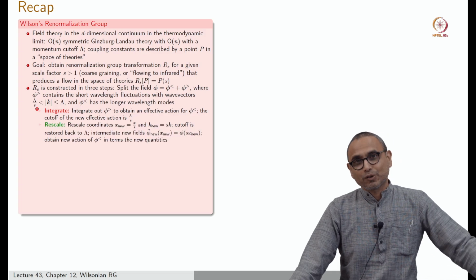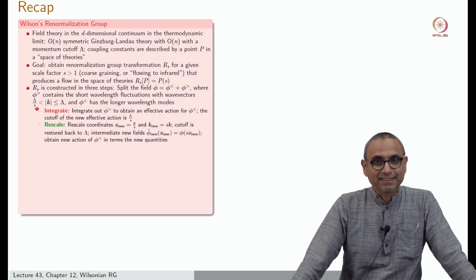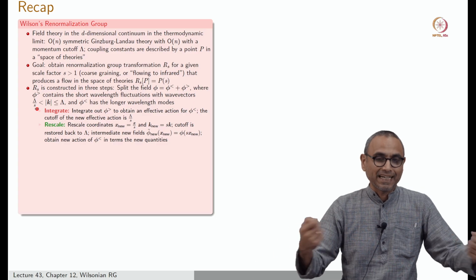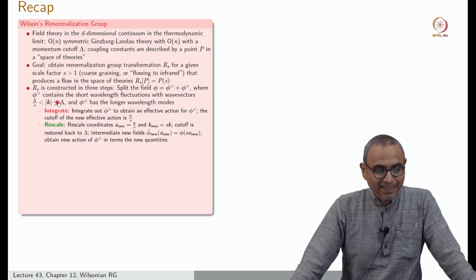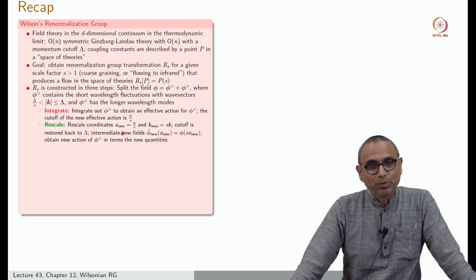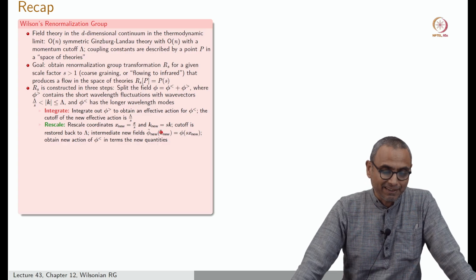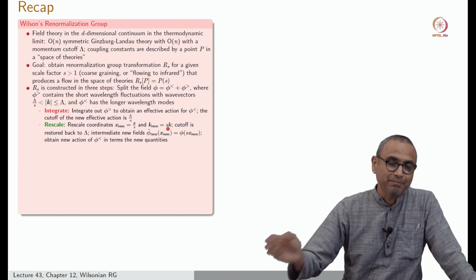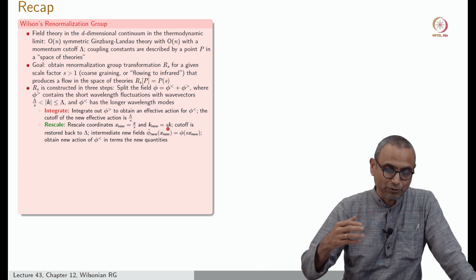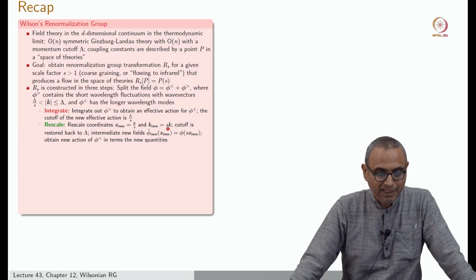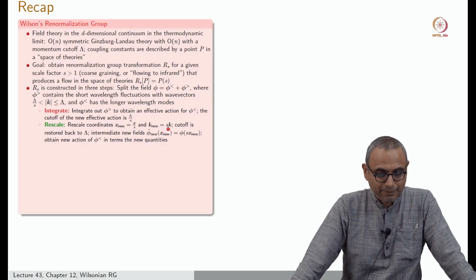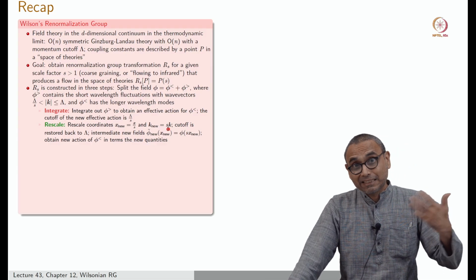So the idea to try to restore back the cutoff is to rescale, which is where you are doing the scale transformation. And when you rescale, you have new coordinates which are x by s and new momenta which are s times k. The positions and momenta transform in opposite ways if you wish under the scale transformation. And you also transform the fields.